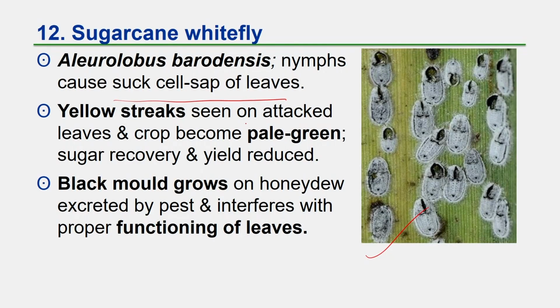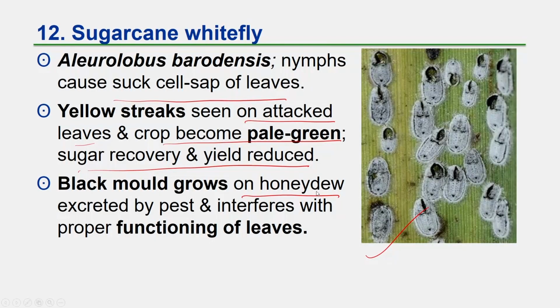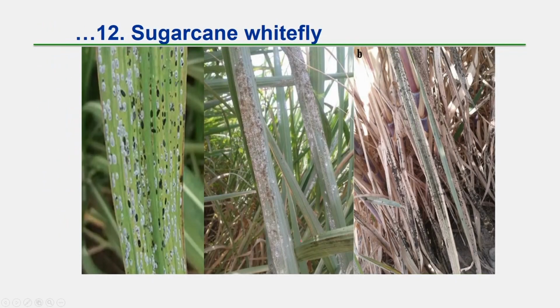Yellow streaks are seen on attacked leaves and the crop becomes pale green. Sugar recovery and yield are reduced, which is really quite a negative point. Black mold grows on honeydew excreted by the pest and interferes with proper functioning of the leaves. Now you can see the leaves that have been infested by whitefly.